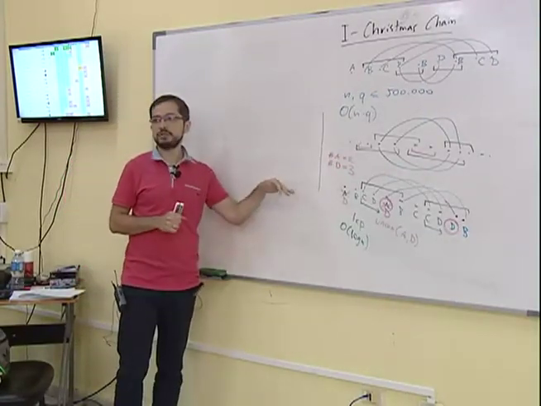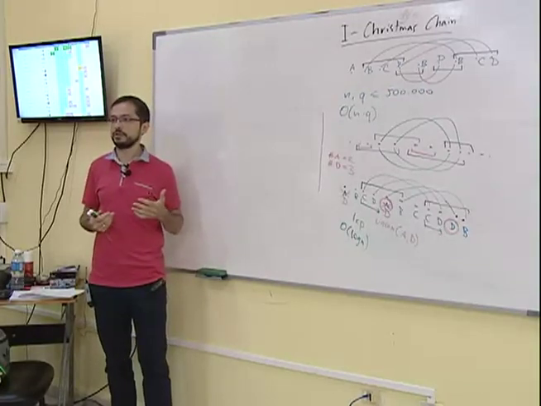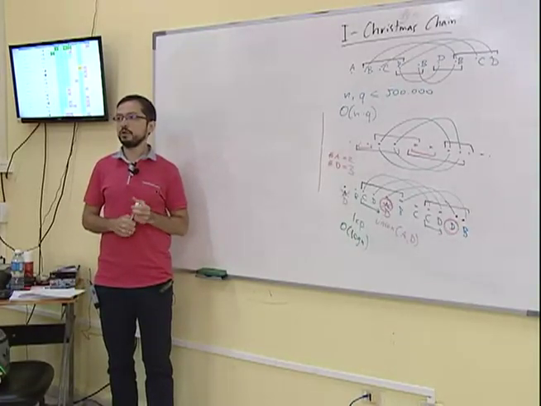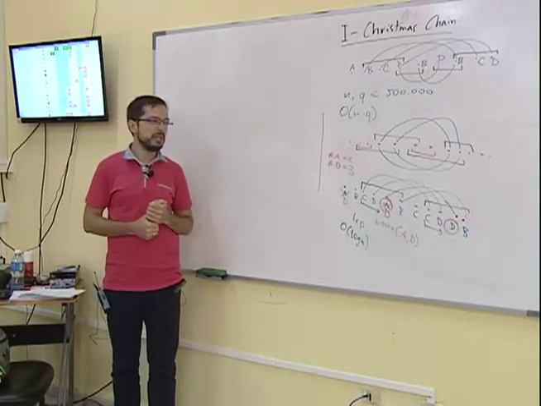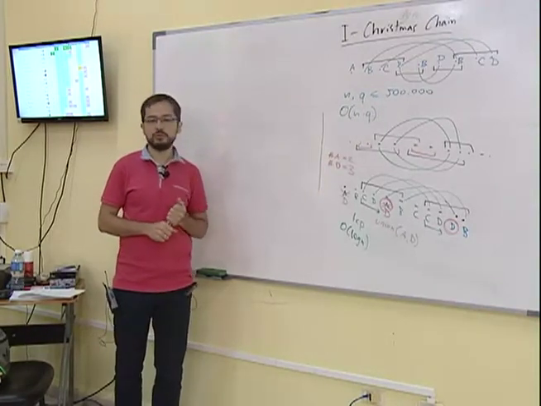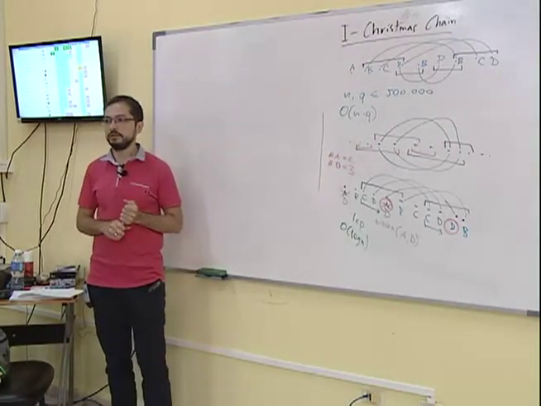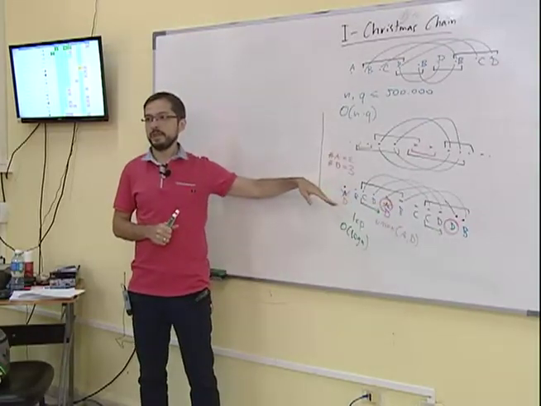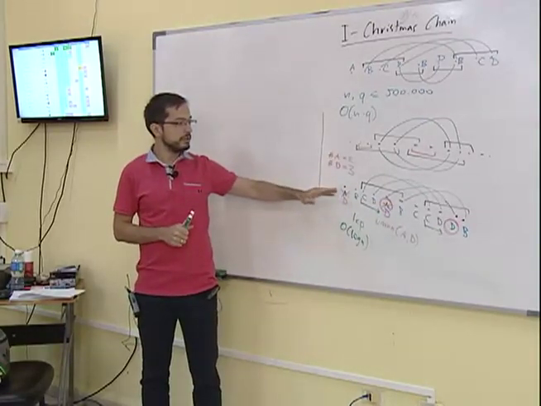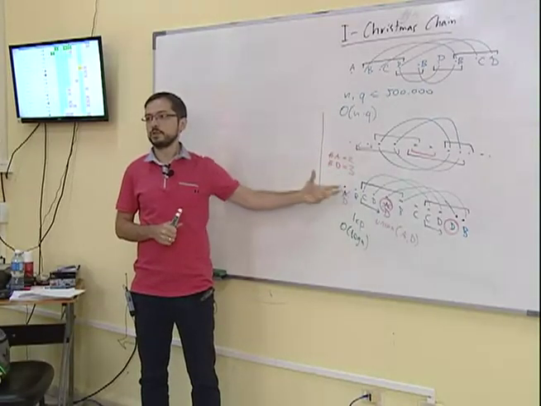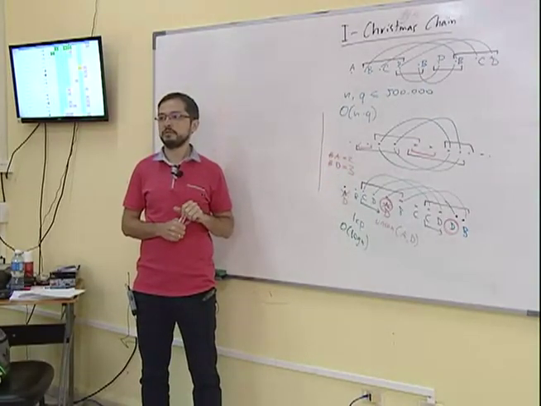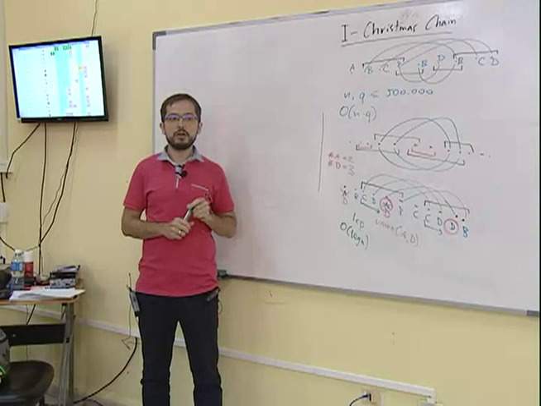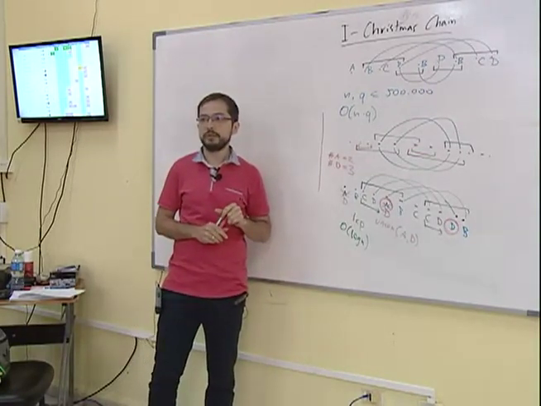So after doing these changes, we have to update the hashes. We cannot store them in the normal way, in a single array, but we must be able to update them. So what kind of data structure can we use? Yeah, we can use a segment tree.